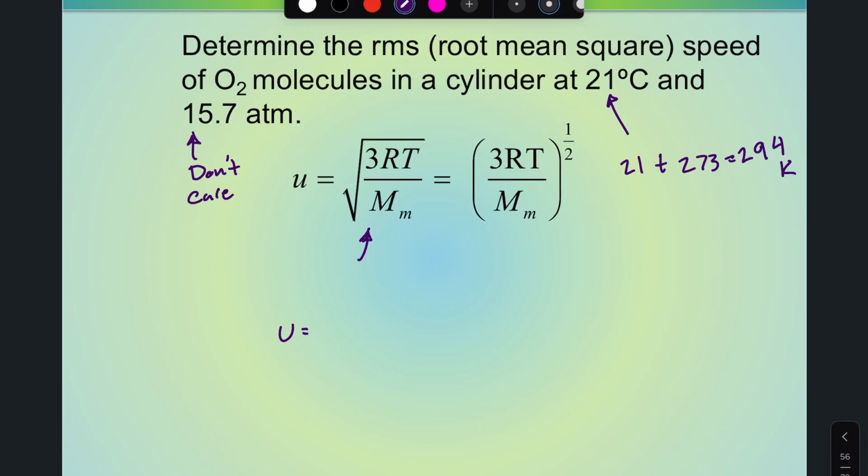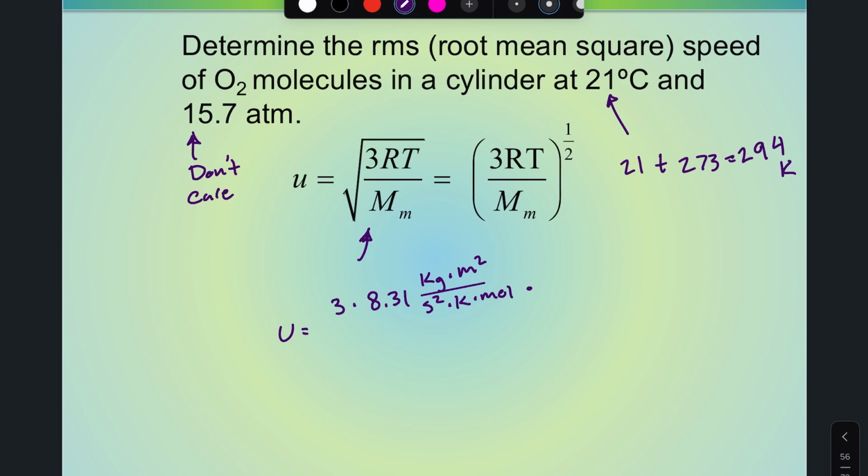So that is going to be 3 times our new R, which is 8.31, in kg times meters squared over seconds squared times Kelvin times mole.